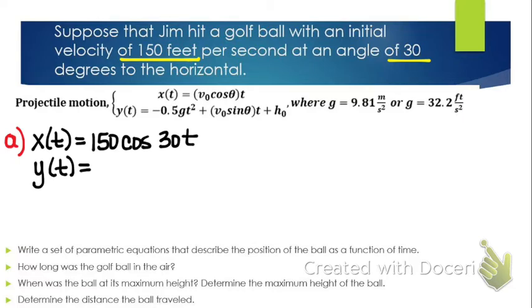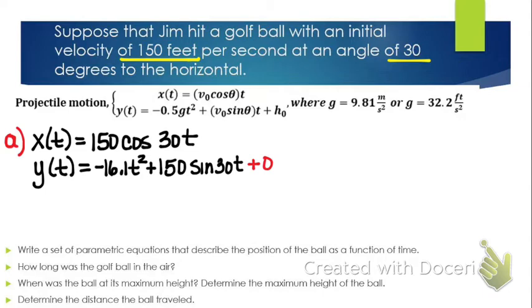When we take that and multiply it by negative 0.5, we get negative 16.1 t squared plus 150 sine 30t, and then our height is 0. All right, so do we agree with those equations?